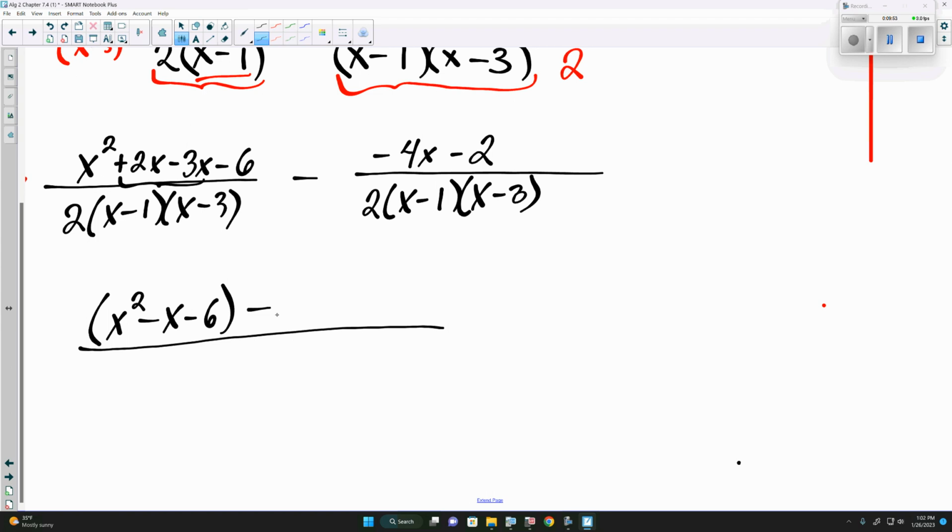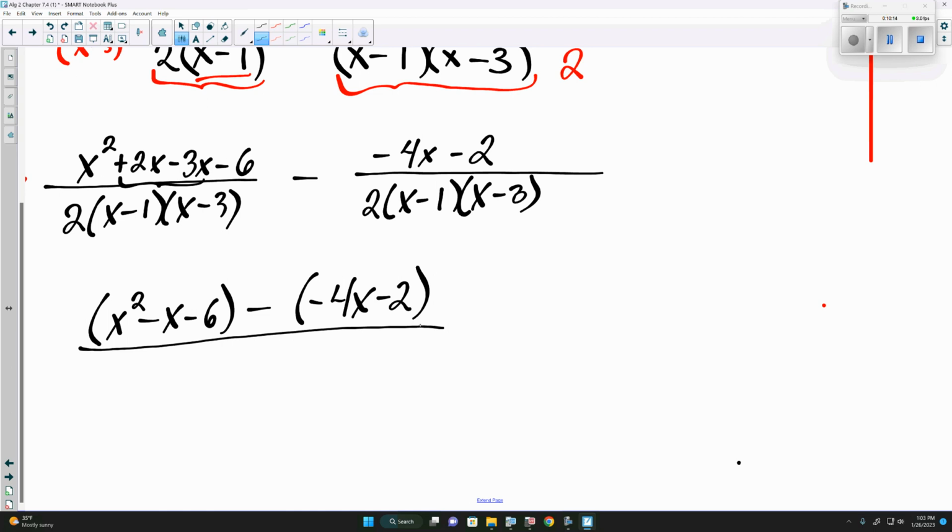The other way we could have done this is rewrite them as 2 fractions. Just the first one has those combined like terms, and then do this next. Really the other one's just going to be minus parentheses negative 4x minus 2. This one we do need to be careful with because addition's not too bad. We're just adding them in. The signs don't change.